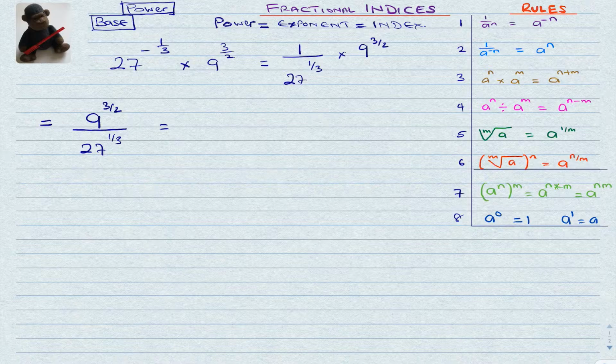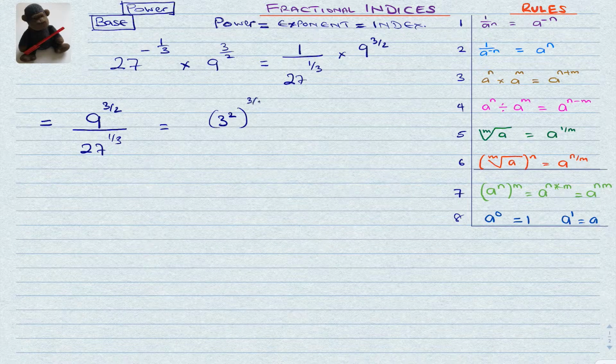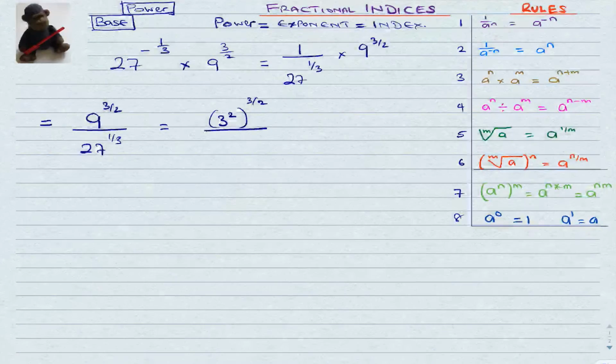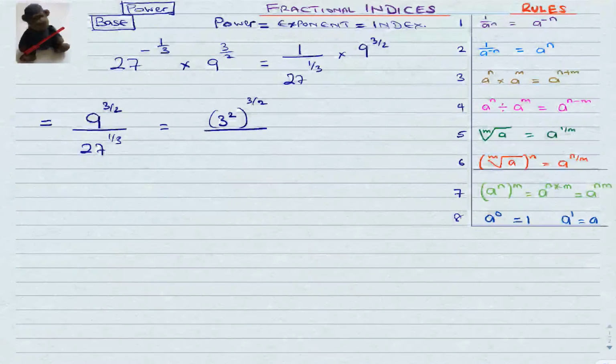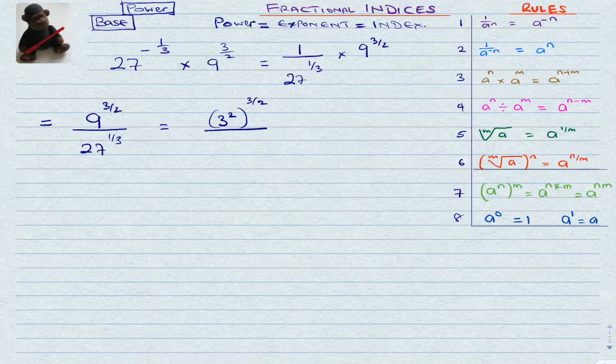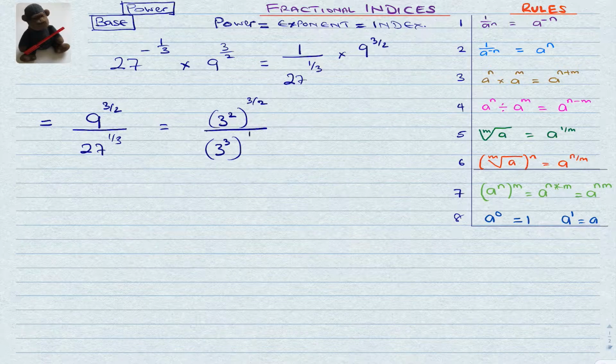They'll be the same. They'll give 9. So that'll be 3 squared to the power 3 over 2. And likewise, the denominator of the power fraction is 3, and it's telling you 27 is a number that could be multiplied 3 times, same number, to get 27. So that'll be 3 cubed to the power 1/3.